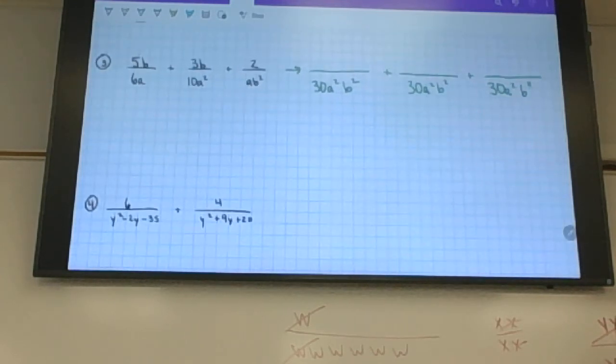No, we're going to multiply in what we're missing. So I'll multiply 6 times 5 to make it look like a 30.